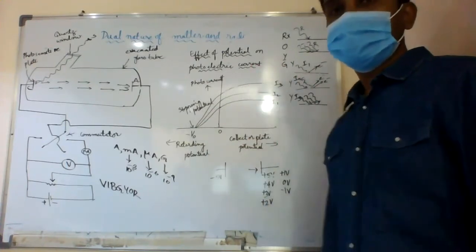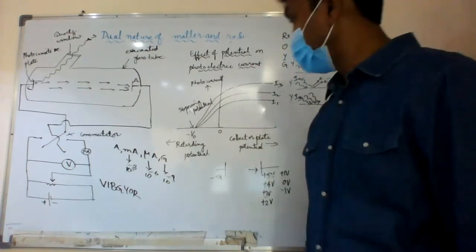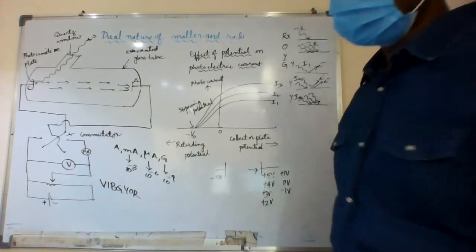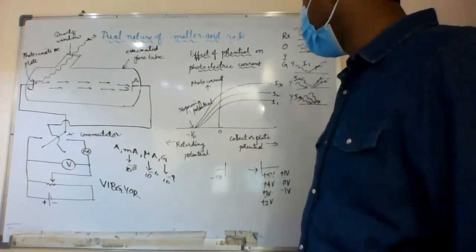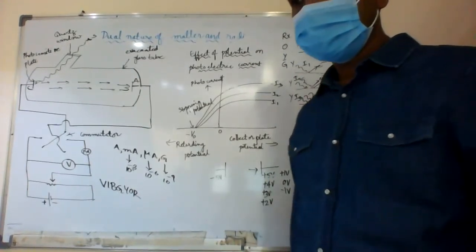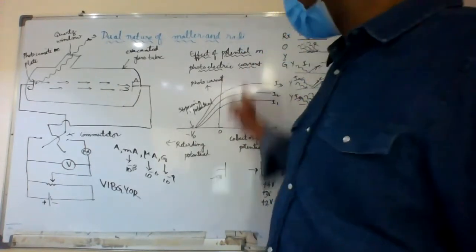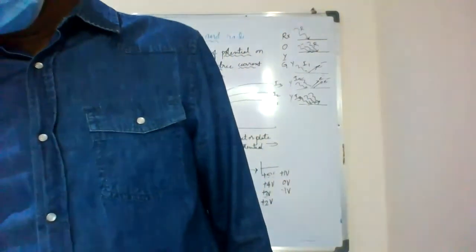Understood now? Is that clear? Then we'll go to the cutoff and the saturation current, and I'll write the definitions. First write the effect, then I'll write what is stopping potential, then what is saturation current. We'll write all this.